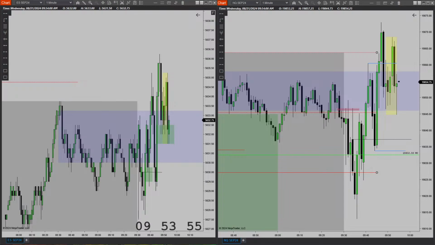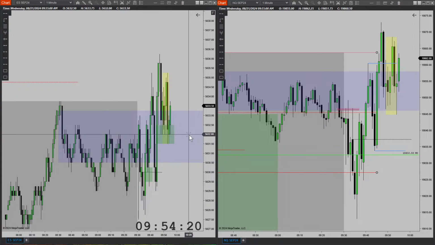Trust your analysis and let things fall where they may. As you can see here, price ran into this gap here, so now I want to see price draw higher. Okay, we're still drawing higher.